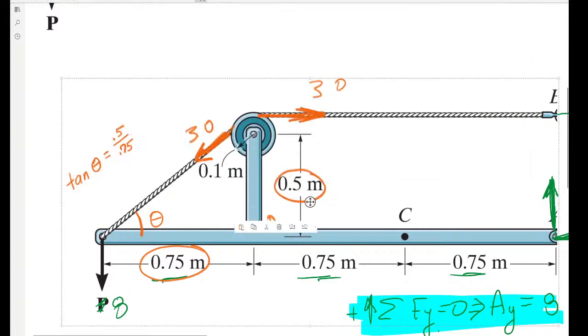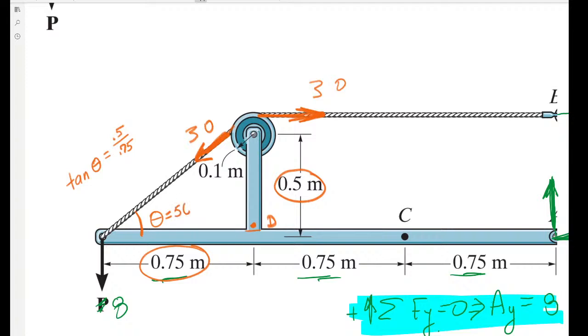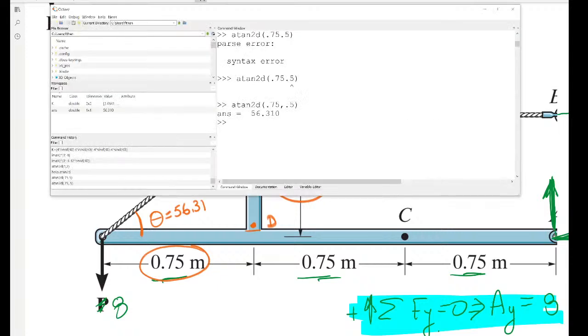So now if we want to double check that, I can find the length of this hypotenuse, and I'll do that real quick. Point nine zero.